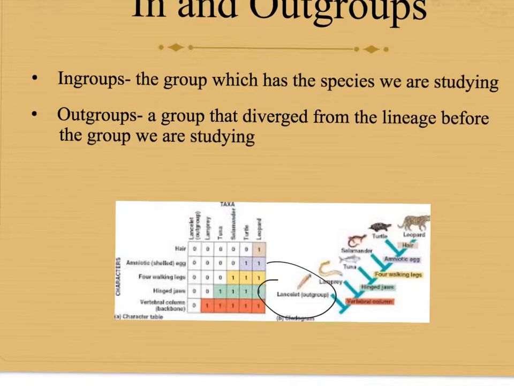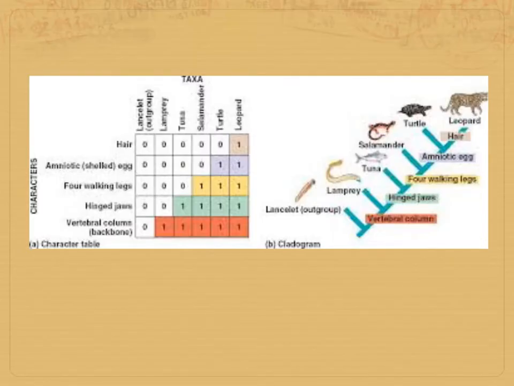They're chordates. Okay, so let's take a little bit of a closer look. When we have an outgroup, that means that that group doesn't have any of the characteristics that we're studying. So the lancelets don't have hair, they don't have legs or eggs, they don't have a hinged jaw, and they don't have a backbone.